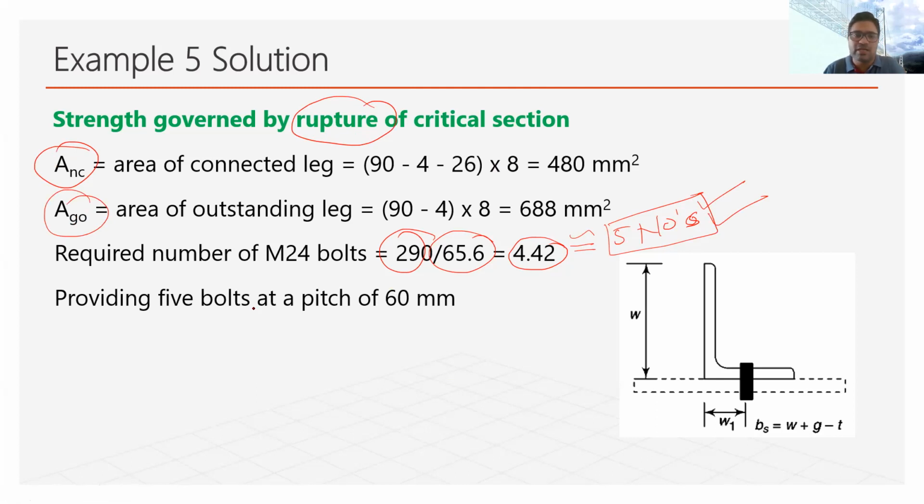We know that we are using a 24 dia bolt. The minimum pitch for this will be 2.5 times D, which is 2.5 times 24, which is exactly 60 mm. So I am providing 5 bolts at a pitch of 60 mm.